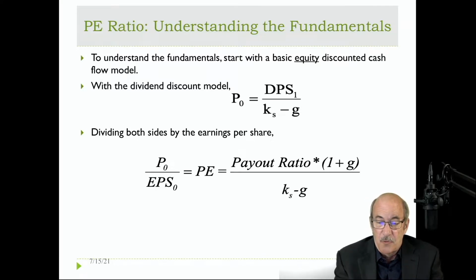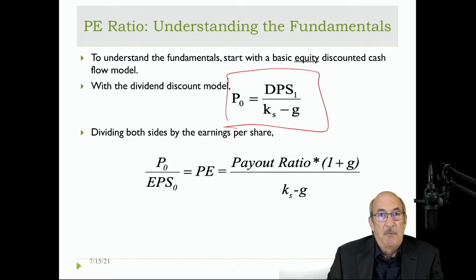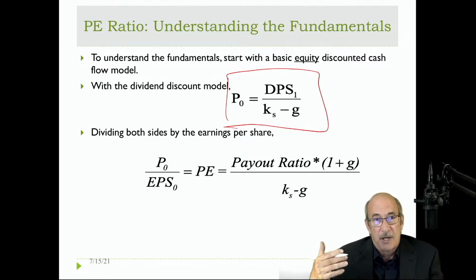If we start right up here, that's our dividend discount model, constant perpetual growth. We've got the dividend for next year in the numerator, and k minus g in the denominator. That's the closed form solution to an infinite sum, and that's DDM.